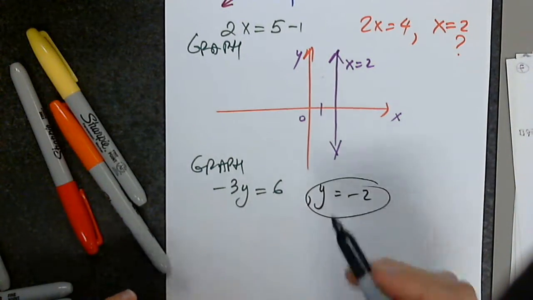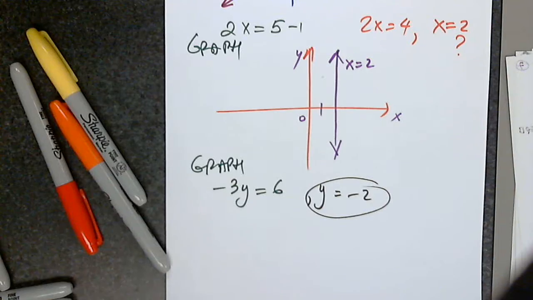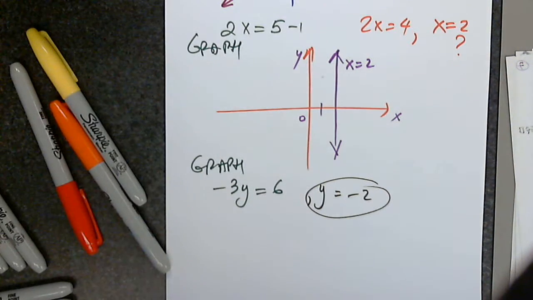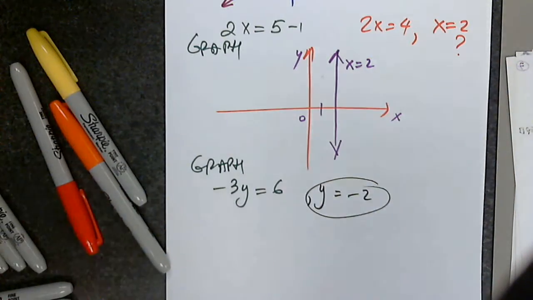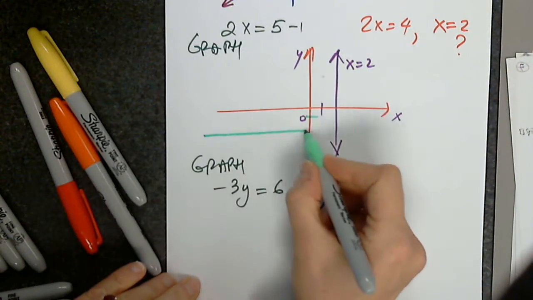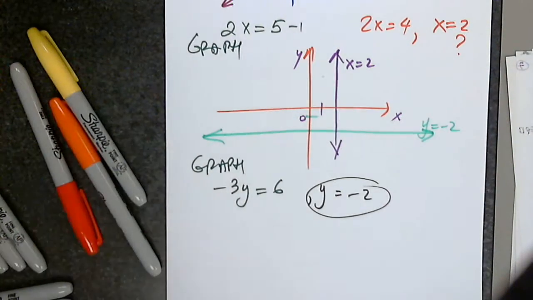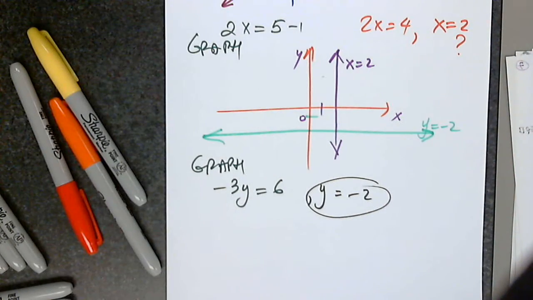Good. I'm asked to graph this. How do I graph it? It would be like the last one, right? Yes, horizontal. Horizontal line. Where exactly? Very good. It's a horizontal line. Y equals -2. Perfect. Very good.